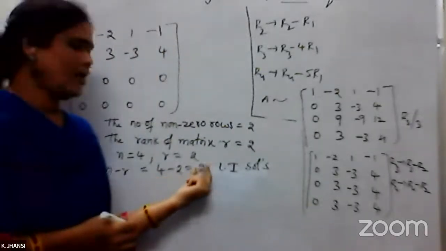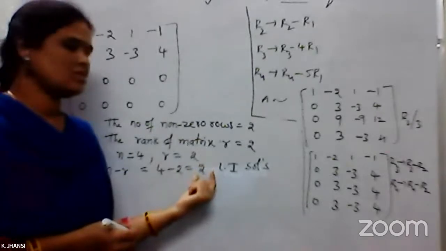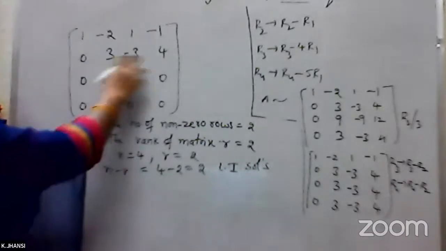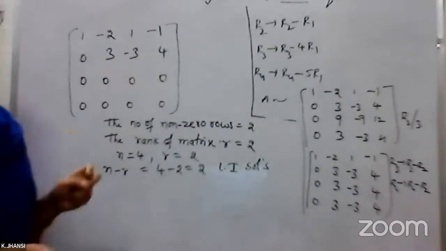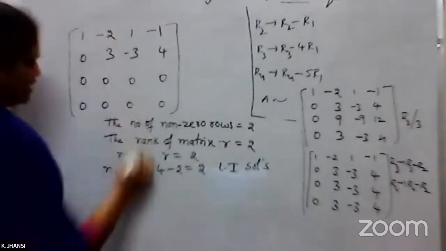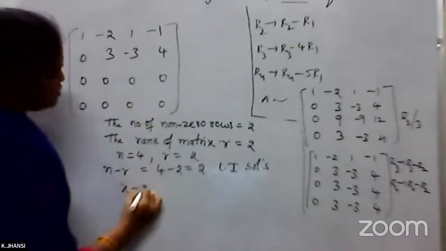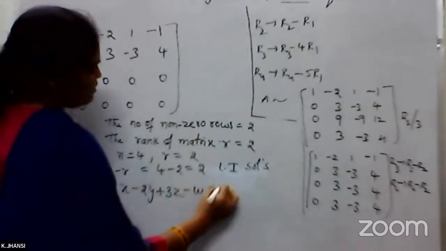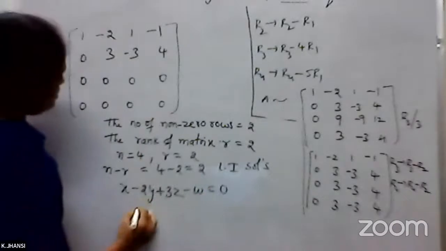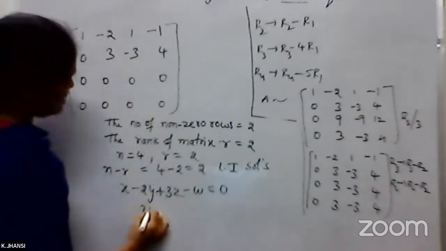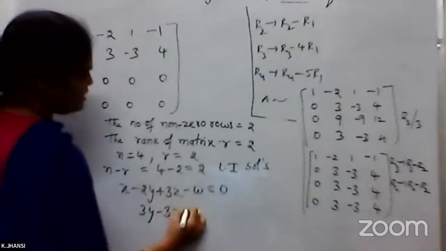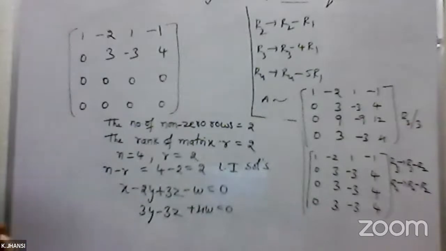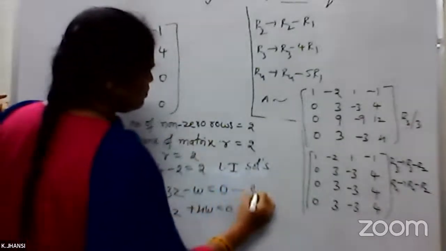To get those, you construct the equations from the remaining matrix A. When you write the equations, you get x minus 2y plus 3z minus w equals 0, and next x is not there, so 3y minus 3z plus 4w equals 0. You can number them as 1 and 2.